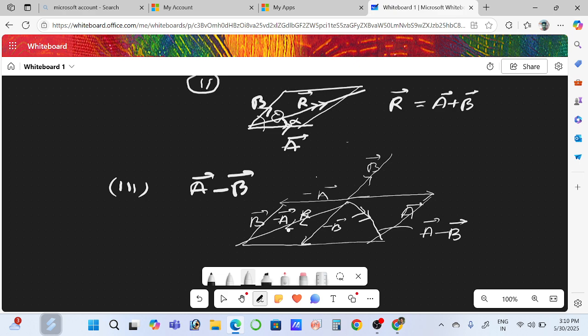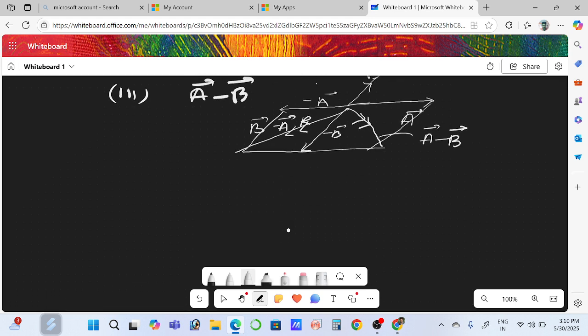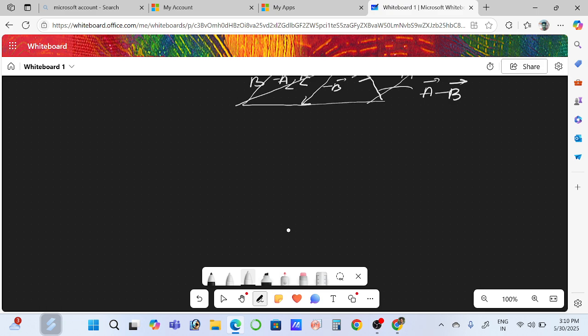First of all, you need to master that, because in cases of relative motion or relative velocity, you need to add or subtract different vectors. Now I will show another important factor here.